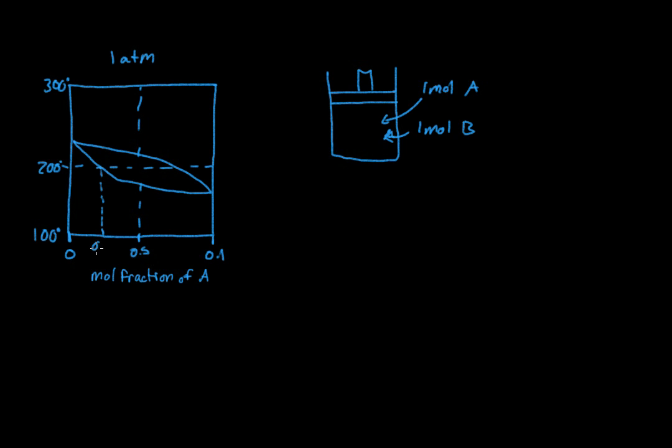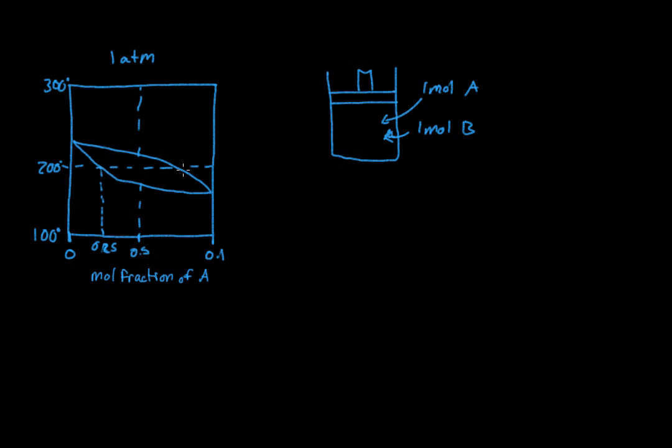It will always be around 0.25 mole fractions of A and 0.75 mole fractions of B. And that's only when there is a vapor-liquid equilibrium.